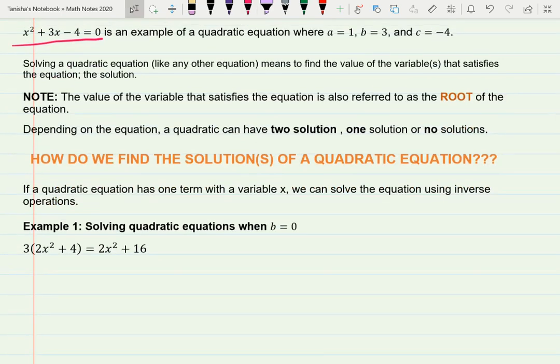So whenever we are trying to identify quadratic equations, look for the x squared term. And also notice that there's only one variable, x, right? You have an x squared and an x. So if there was an x and a y, or if there were two variables, doesn't have to be x or y, then this would not be quadratic.